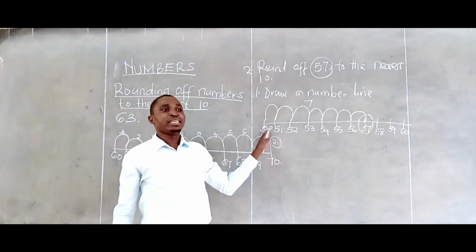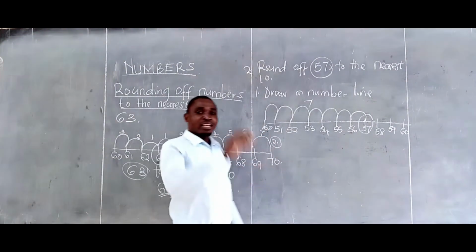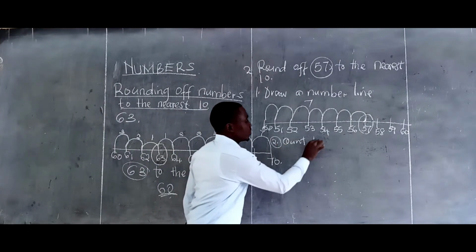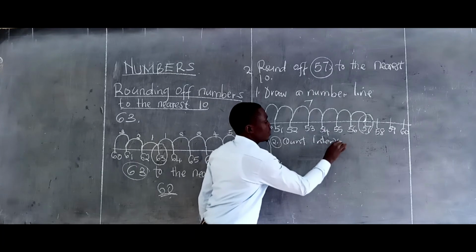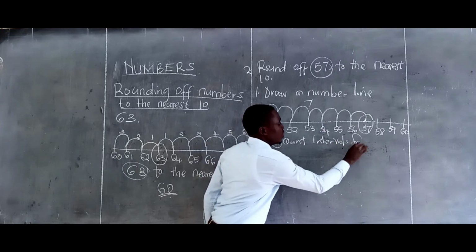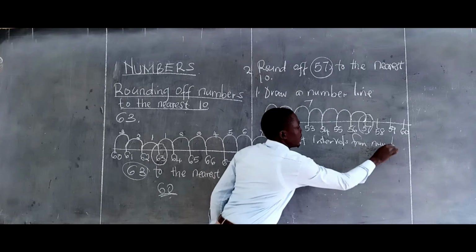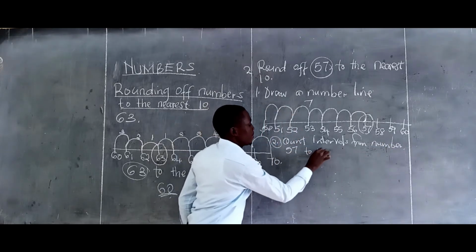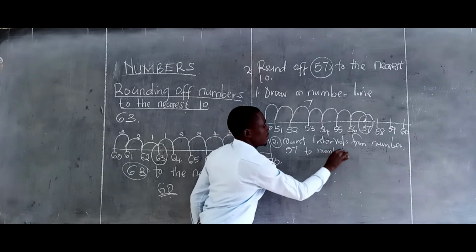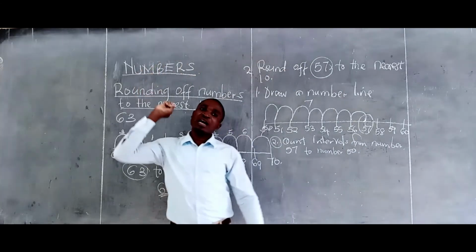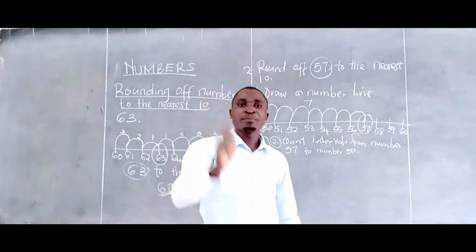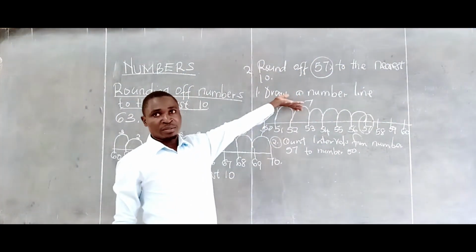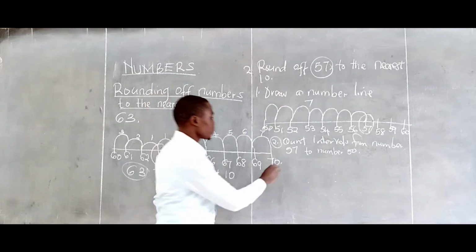Then we go back, that is step number 2. Count. We have counted the intervals from number 57 up to number 50. We have 7 intervals. Step number 3.